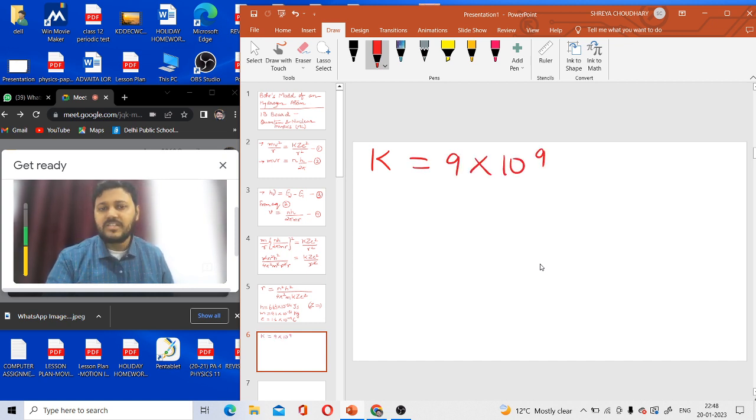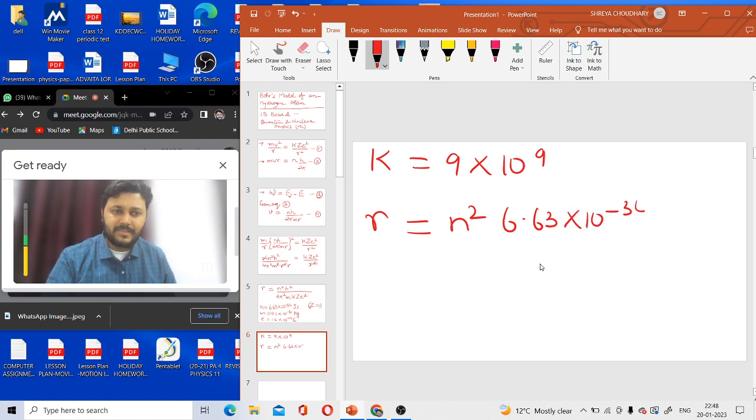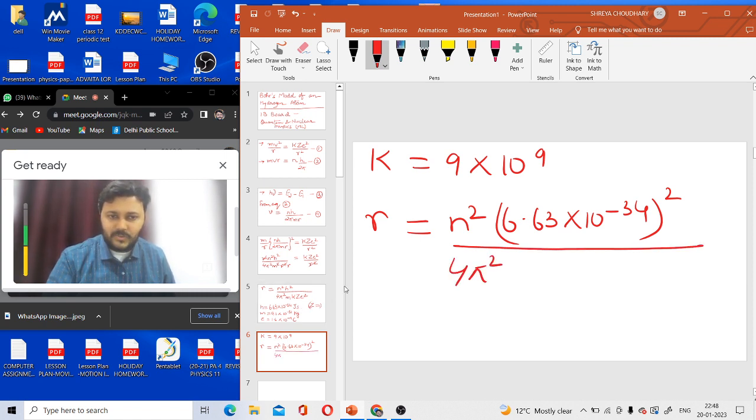On putting all these values in the previous equation, we will get n square times 6.63 into 10 to the power minus 34 whole square, upon 4 pi square. In place of m, we write 9.1 into 10 to the power minus 31.